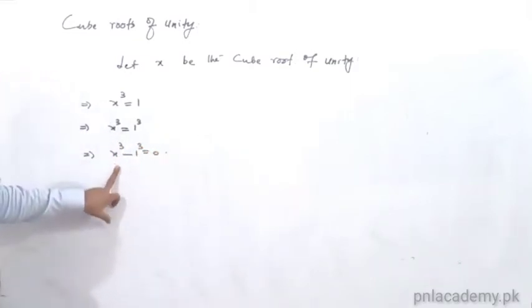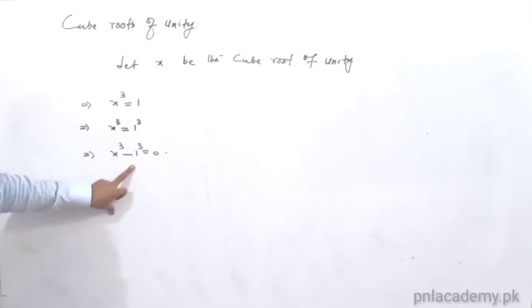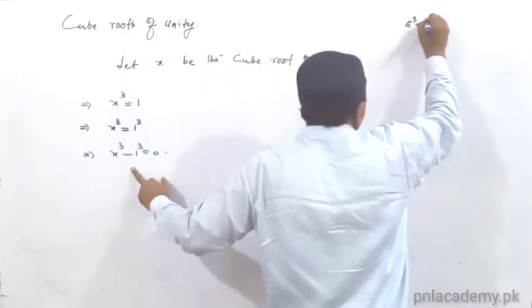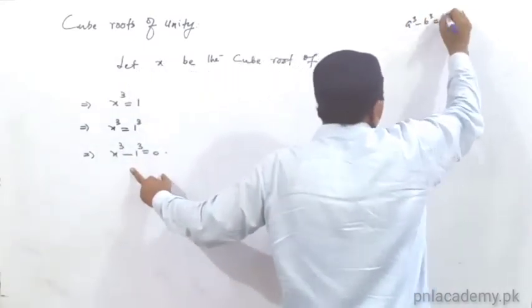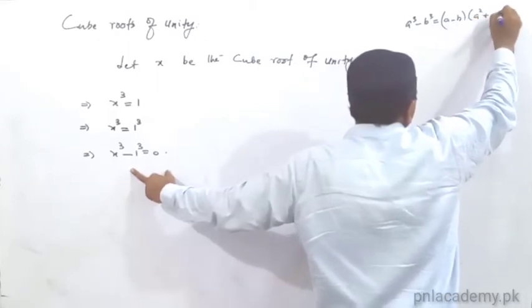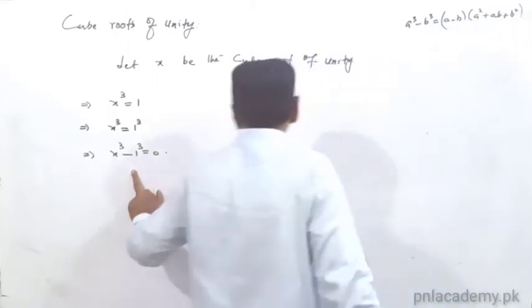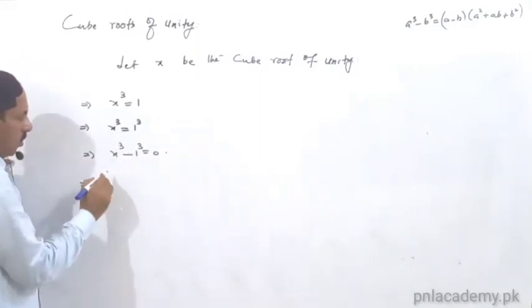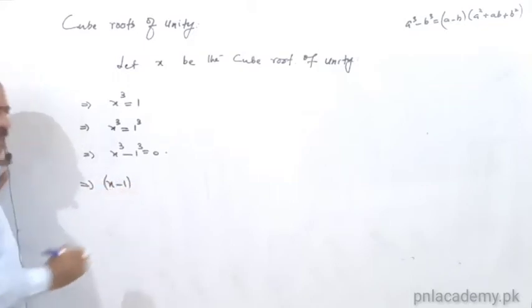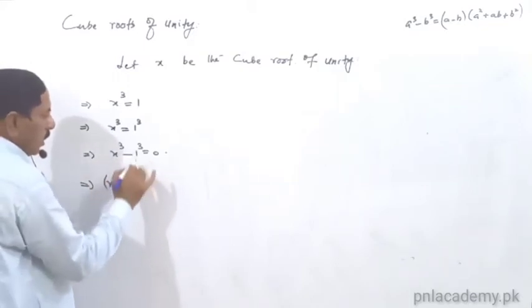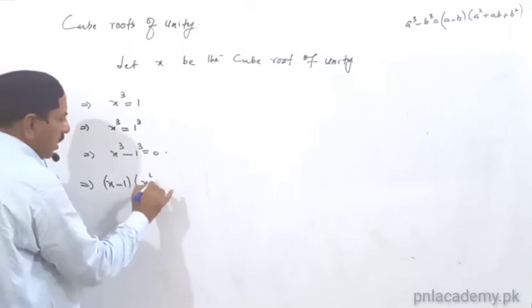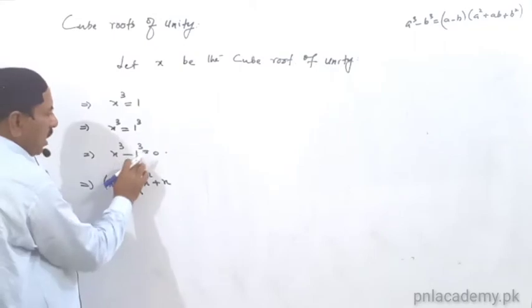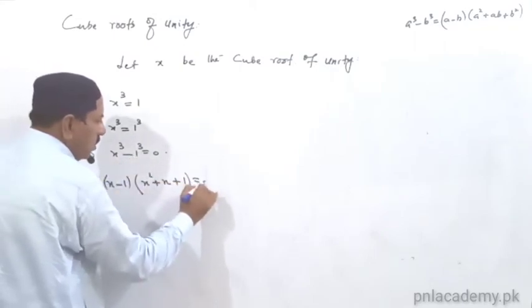So this is a formula like a cube minus b cube. You know that a cube minus b cube is equal to a minus b, a square plus ab plus b square. So this will be x cube minus 1 cube: a minus b means x minus 1, a square means x square, plus ab means plus x, plus b square means 1 square, is equal to 0.